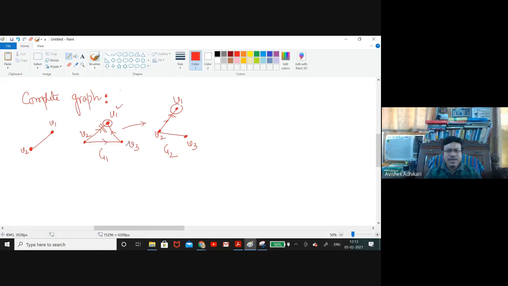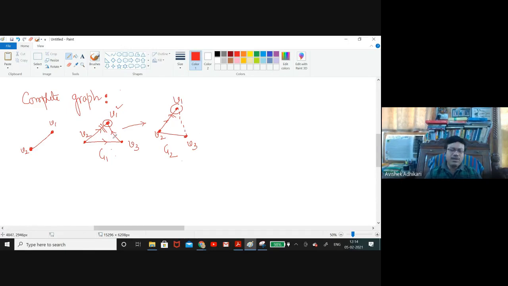Now, see, this is a connected graph, this is also a connected graph. But this connected graph is contained in this connected graph, right? So you have an opportunity to increase this connectivity.